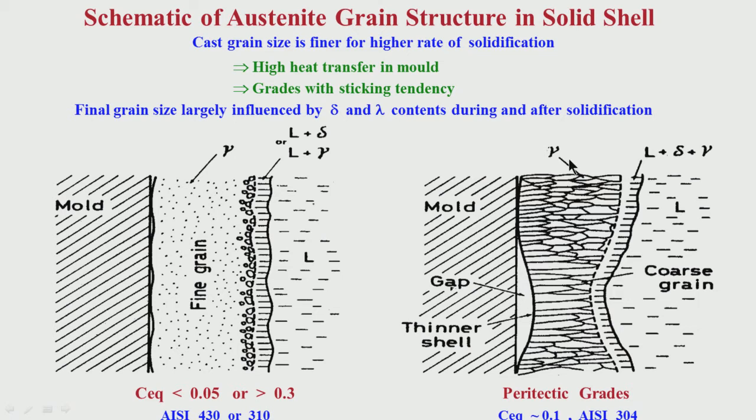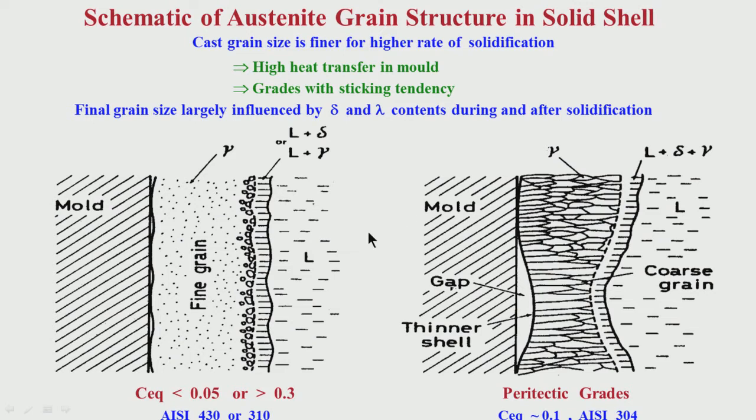So, here the mold slag should control the heat transfer, should make it uniform throughout the mold periphery, so that you get relatively less depression, relatively less air gap formation, and relatively less coarse structure grains.